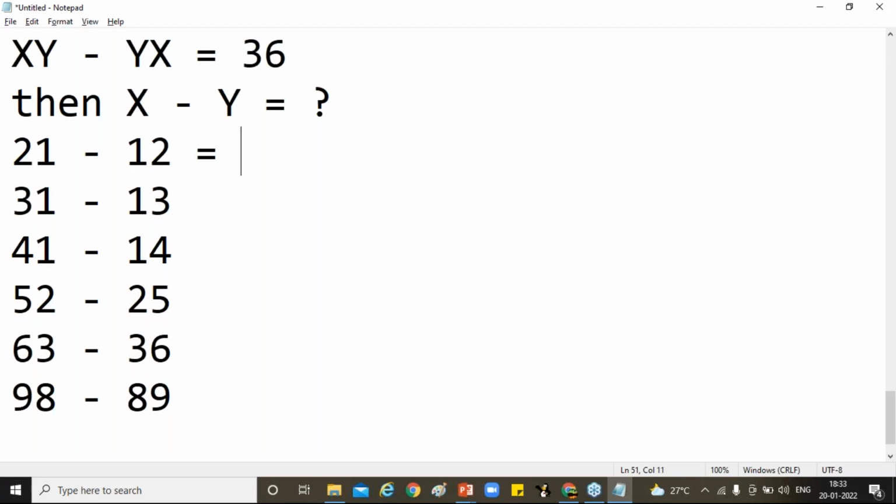What is the value of 21 minus 12? 9. Good. What is the value of 31 minus 13? 18. What is the value of 41 minus 14? 27.